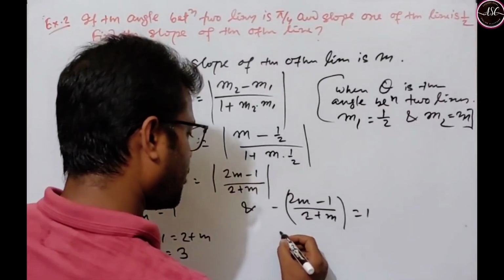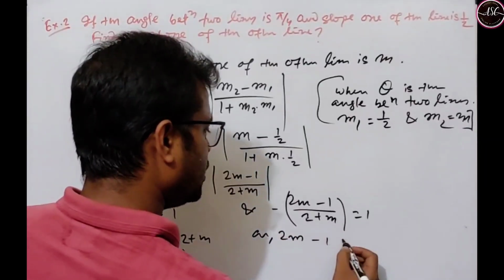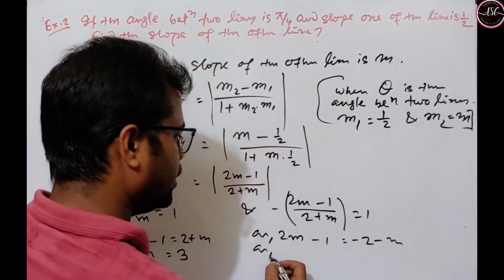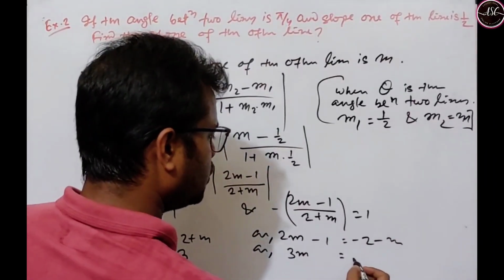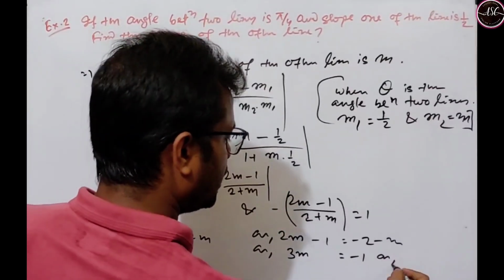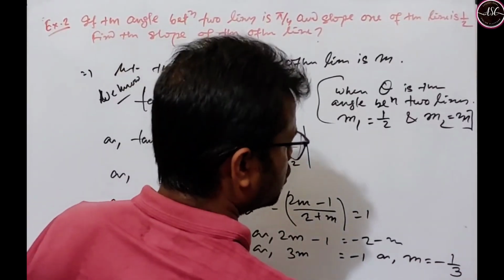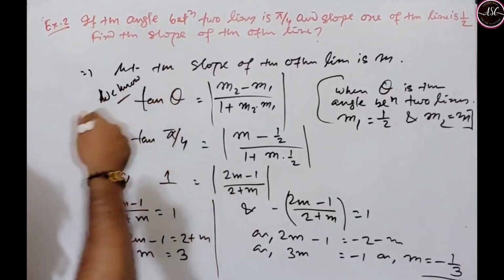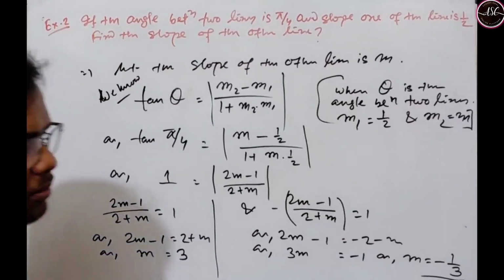And 2m minus 1 equals minus 2 minus m, or 3m equals minus 1, or m equals minus 1 by 3. So the slope of the other line is 3 or minus 1 by 3.